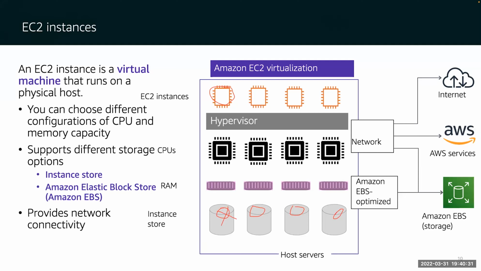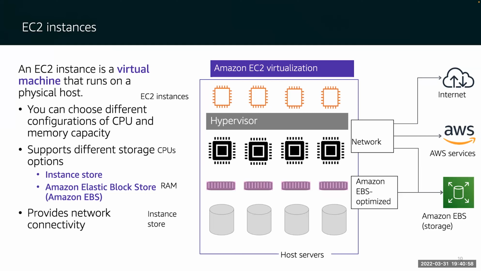Now, what is mostly recommended is to use EC2 instances backed by Elastic Block Store, which is the block level storage service that we will use in order to boot the EC2 instance, and the content of the volume is persistent independently from the life cycle of the EC2.